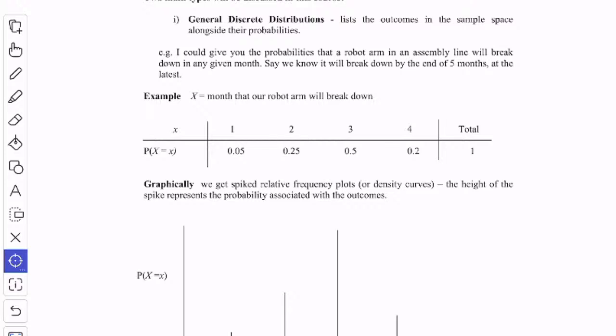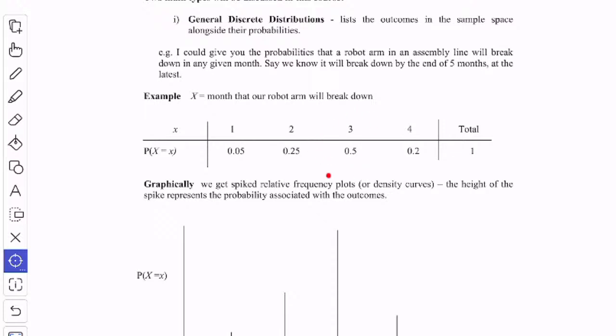So the chance that a robot arm used in manufacturing will break down in the first month is 5%. This is determined by observing a robot arm for several months and coming up with some sort of average here. And within 2 months, the chance of it breaking down is 25%.